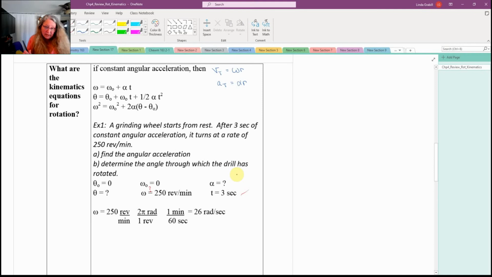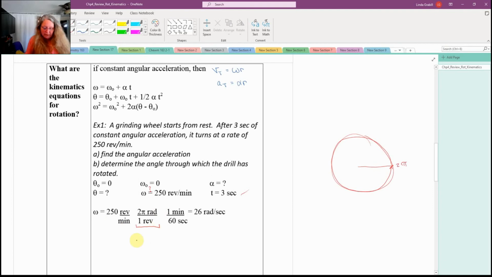So you can see the first thing I did was define this quantity, and you're going to use this conversion a lot. What does this say? Here's my wheel, and from here, this would be 0 radians. If I go all the way around and back, this is 2 pi. So there's 2 pi radians per 1 revolution, and I know how many revolutions per minute I have.